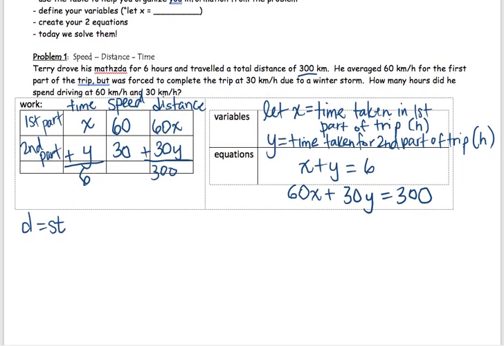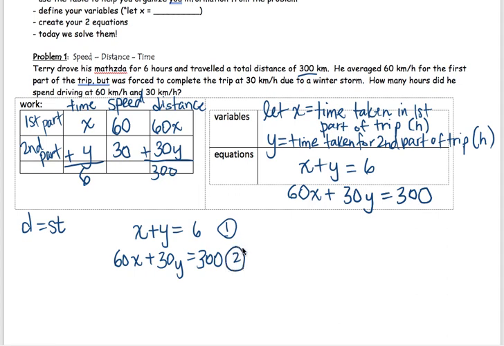Okay, so I'm just going to rewrite these down here. So here's my linear system. There's my equation 1, and then my other equation. Okay, there it is.